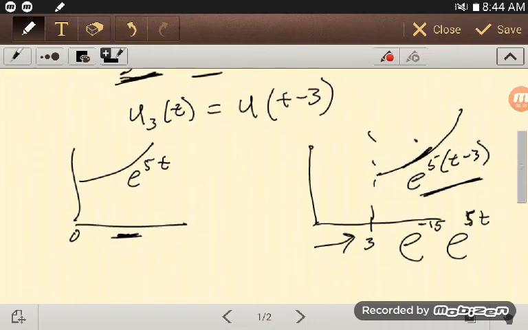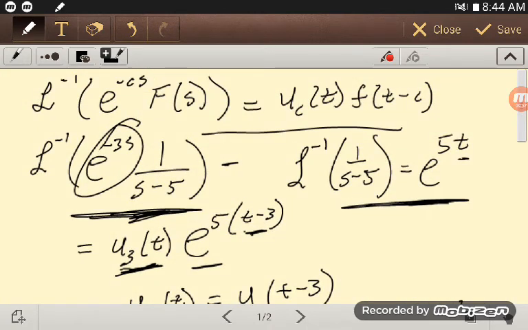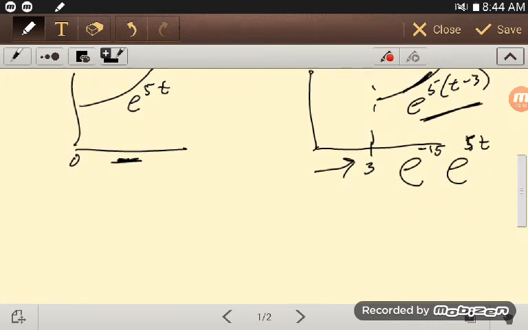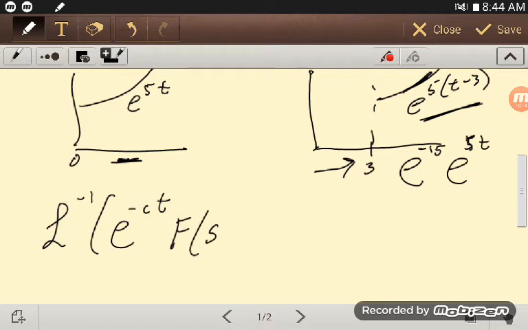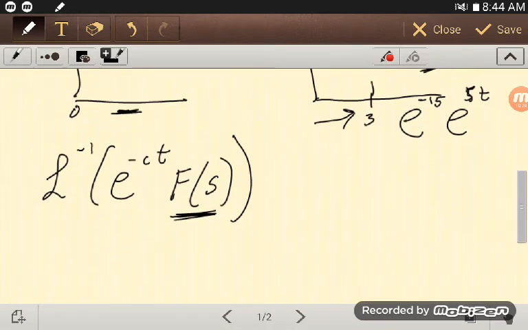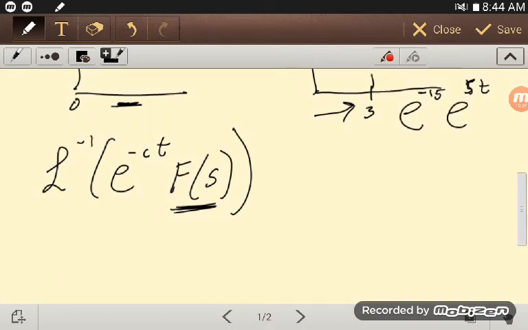So if we run into anything where we want to take the Laplace inverse of e to the minus cs, and then we have something else, times all this other stuff involving an s, well then we try to find the inverse Laplace transform of that little f, but then we do the unit step function or Heaviside function.